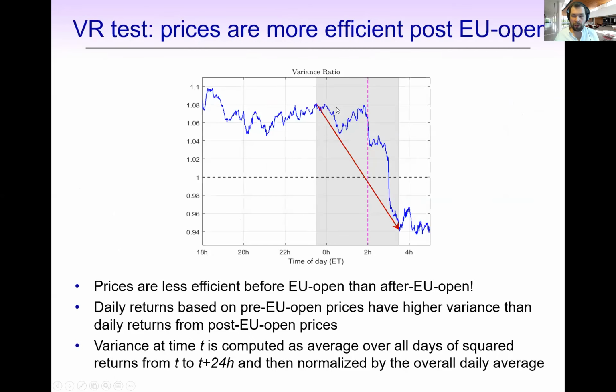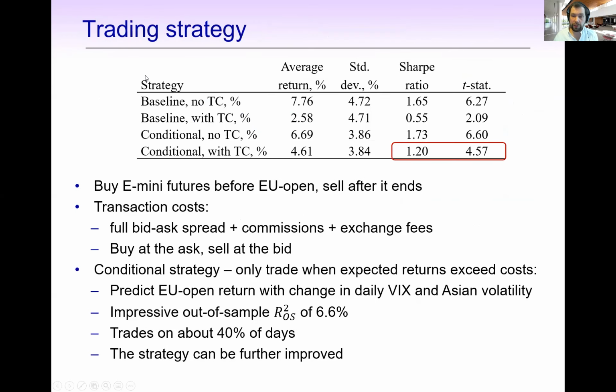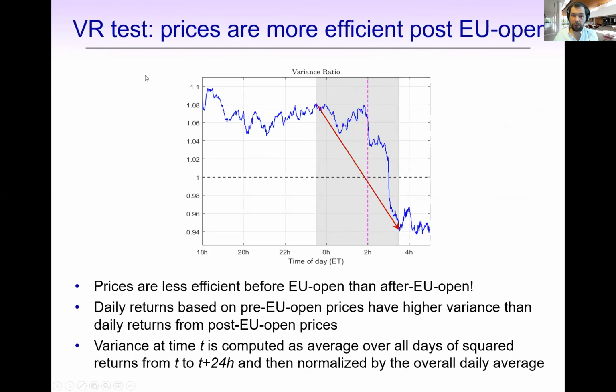We also look at some conventional microstructure tests such as variance ratio tests, which show us that the prices are less informative and more noisy prior to EU Open, and then they become more efficient after EU Open, about 15% more efficient according to the variance ratio test. So these results, particularly our results about EU holidays and VIX futures returns, pretty much support the uncertainty resolution, but we'll also carefully consider other explanations.